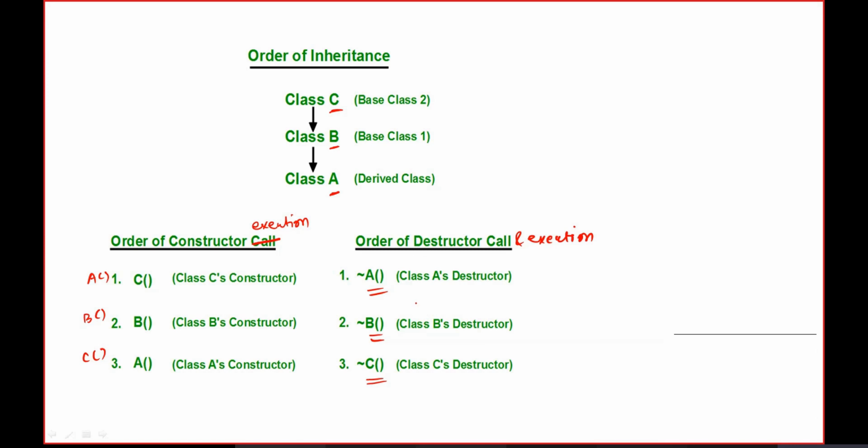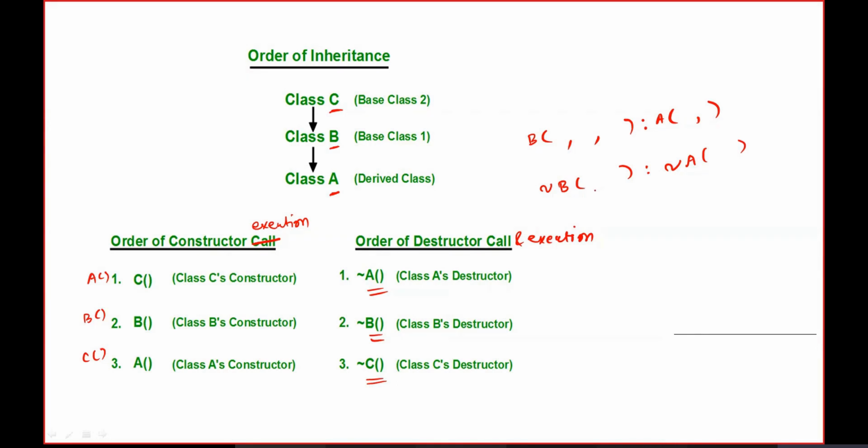One thing to note down here is there is no need for me to explicitly call. For example, in our case, the class B constructor accepted three values, and two of those values were passed to the class A constructor. Now, is it possible in case of destructors, like class B destructor calling class A destructor explicitly? Do we need to mention such things? No, because we don't even call the destructor explicitly, right?